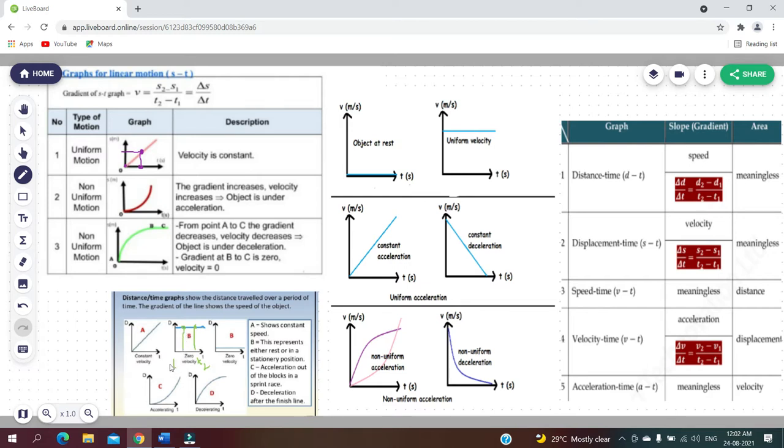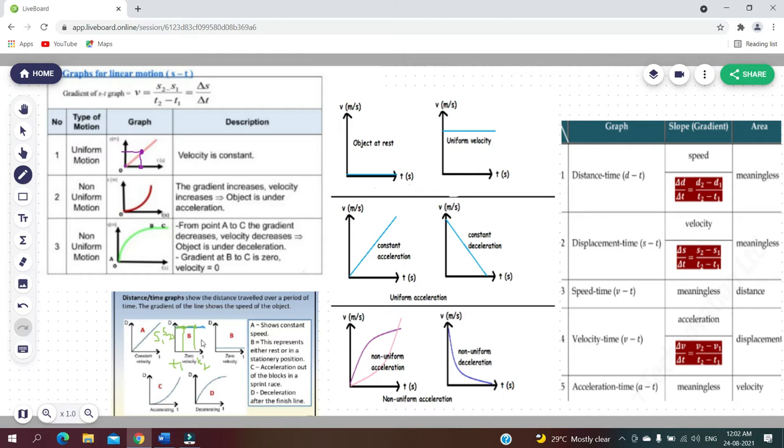This will be t1. Now from this point draw a perpendicular line to the displacement axis. This will be s2. Now again draw a perpendicular line from this point. This will be s1. So you can see that here s2 and s1 are the same, so their difference will be 0.